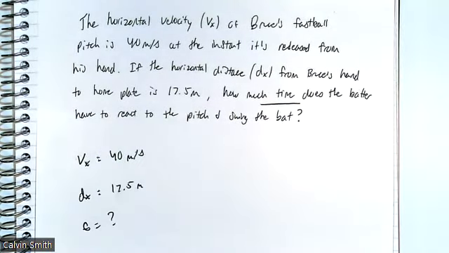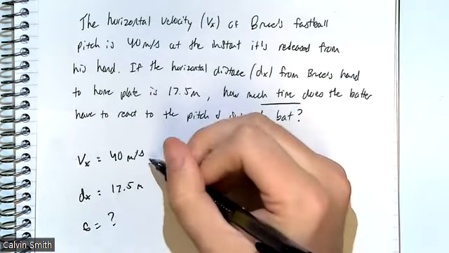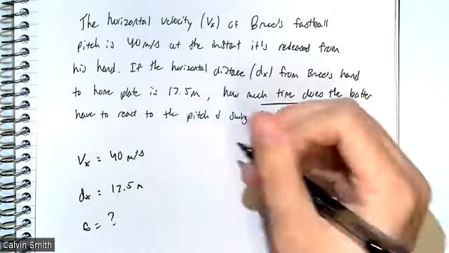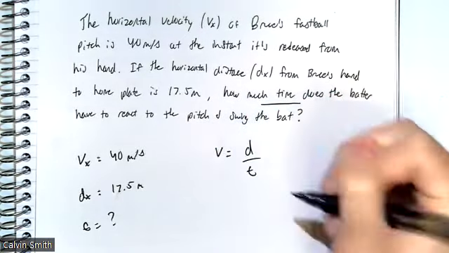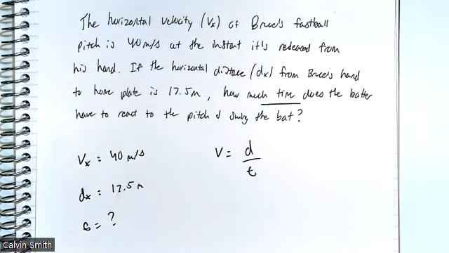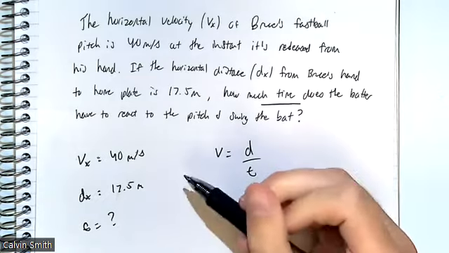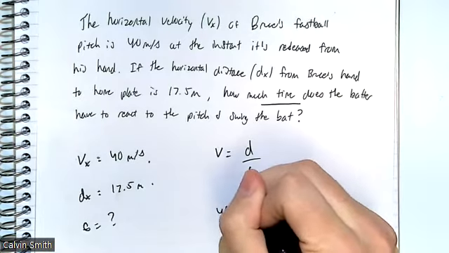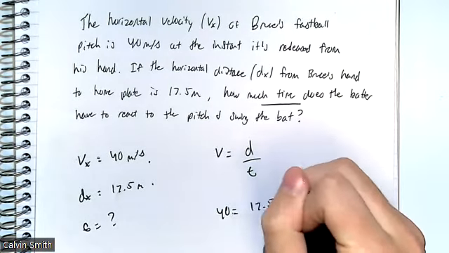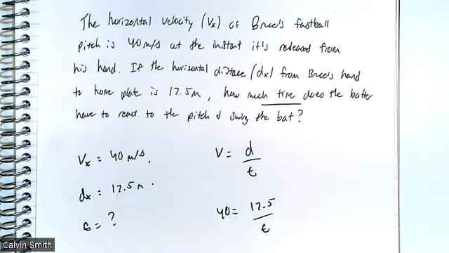One of the basic equations shows the relationship between velocity, distance, and time. So velocity is distance over time. They gave us velocity, they gave us distance, 17.5 over time. Do some rearranging.